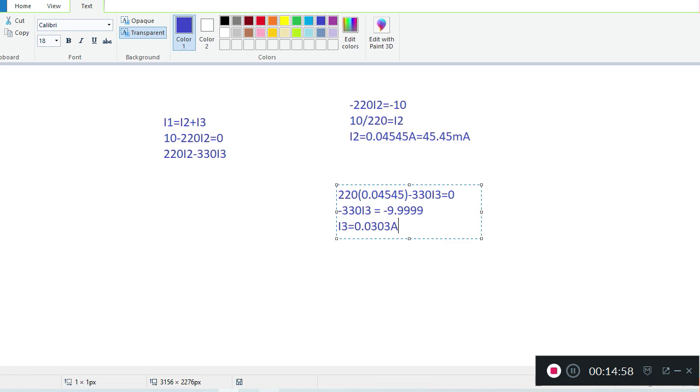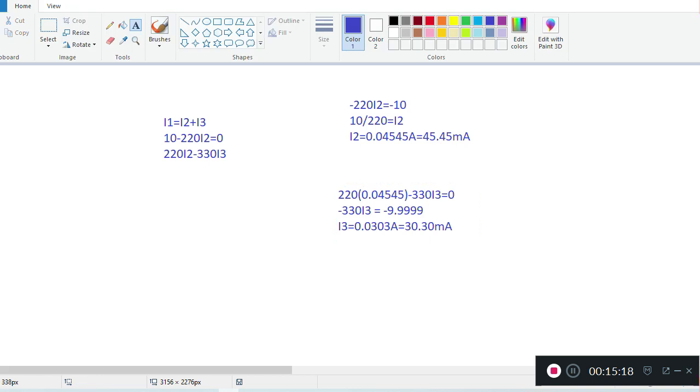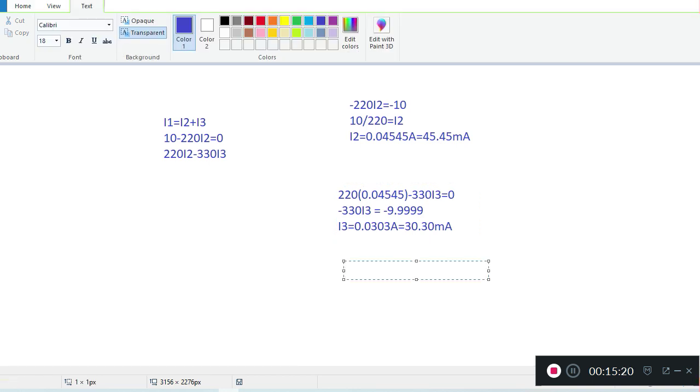If I move the decimal point 3 places, I'm going to get 30.30 milliamps. Okay, good.